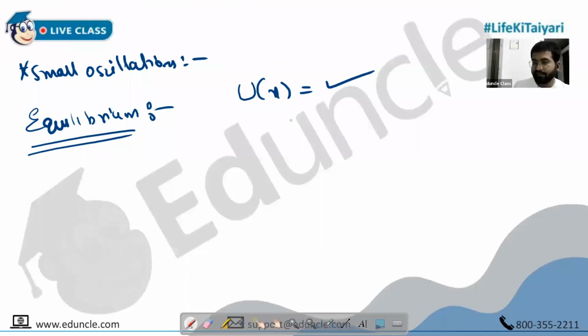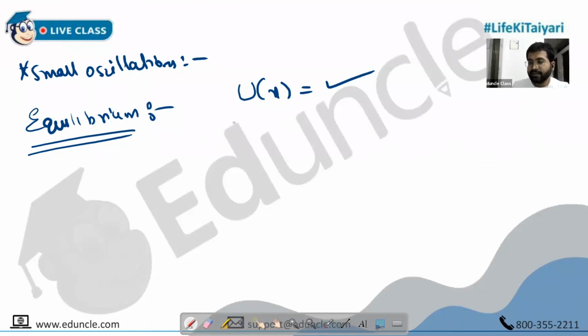Remember, RPS is not radians per second. Radians per second is exclusively written as rad upon s. Radians is written as rad, it is not written as R. Please remember.